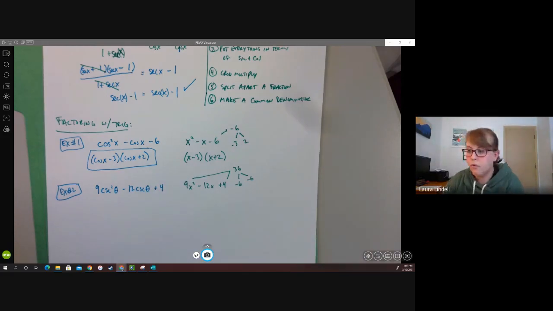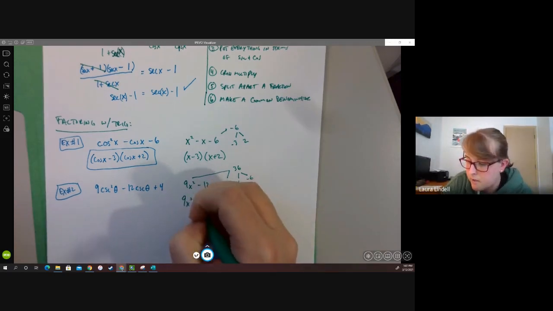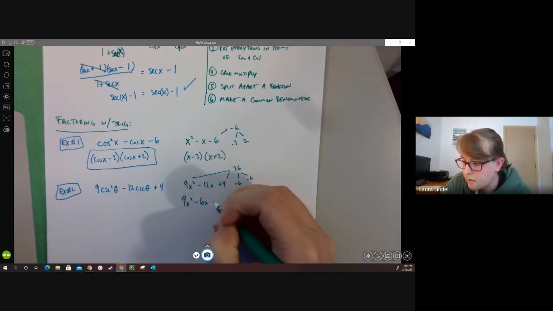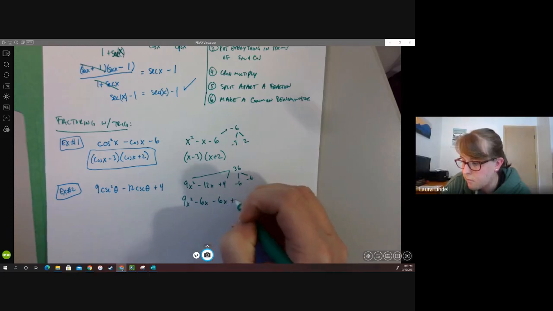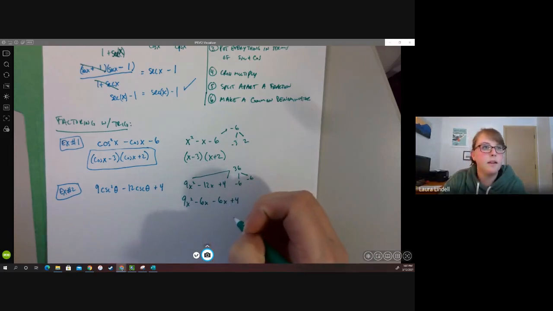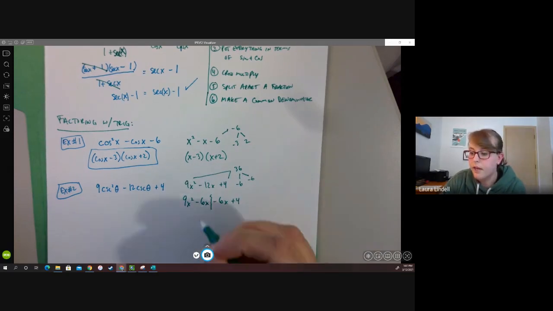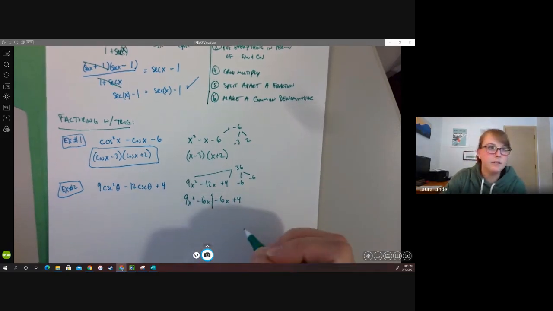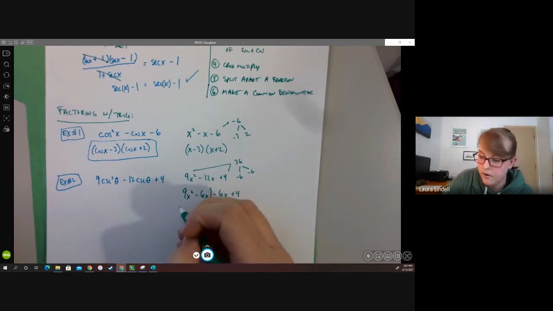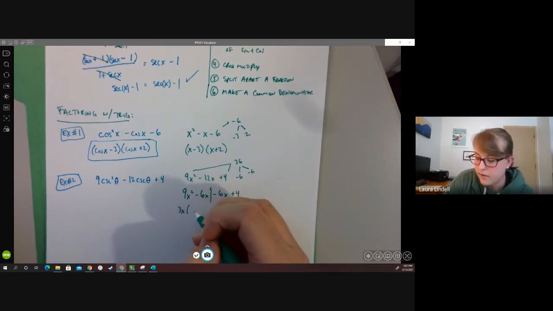So then we have to rewrite it. We get 9x squared minus 6x minus 6x plus 4. And this is the kind where you then split it down the middle and you take out the greatest common factor from each side. So here it's 3x.